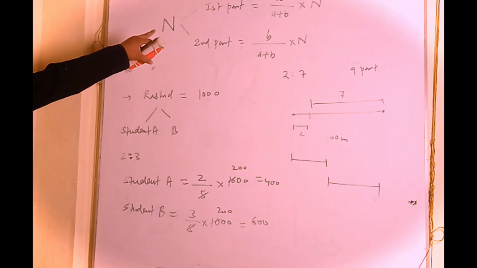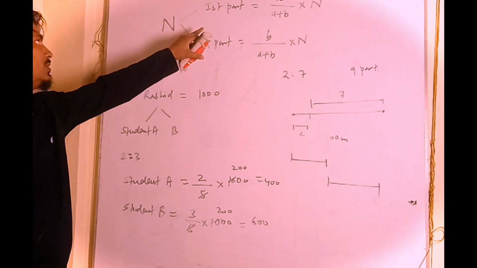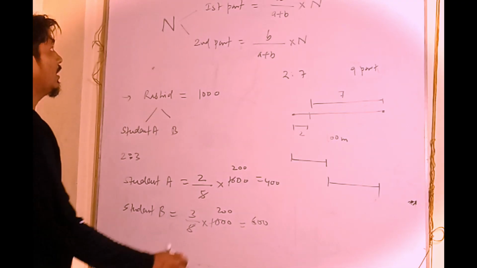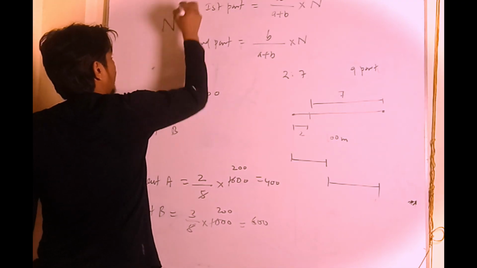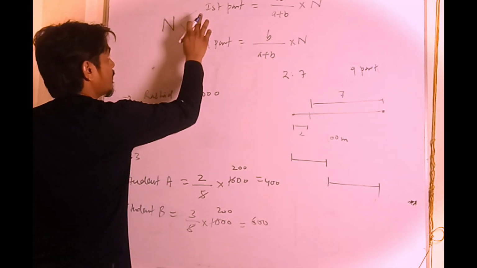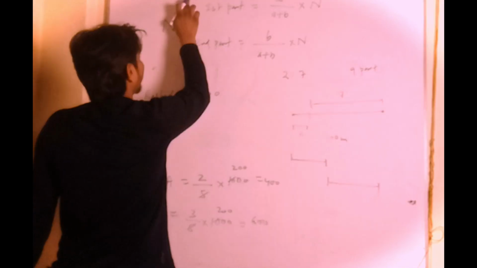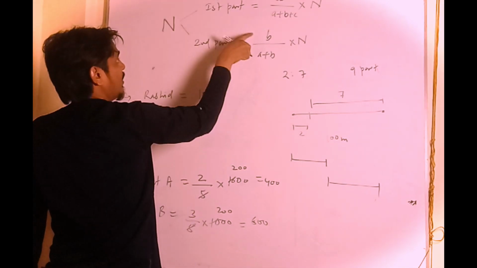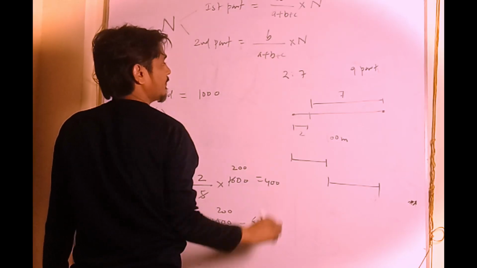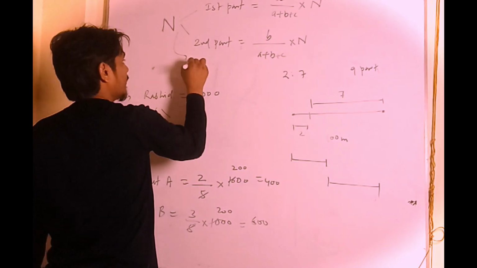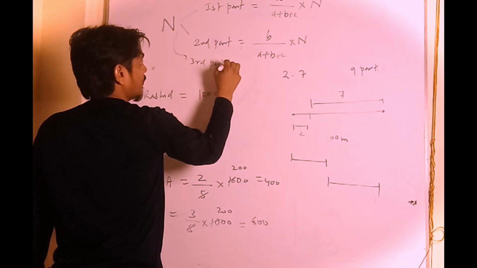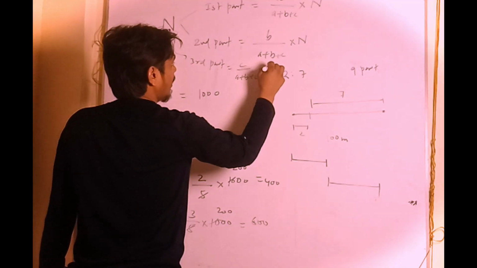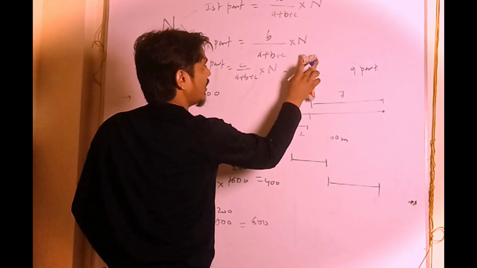As I have taken the case of 2 parts, if we are dividing any number into 3 parts, let's say A to B to C, then the first part will be A over the total A plus B plus C, the second part will be B over A plus B plus C, and the third part will be C over A plus B plus C, multiplied by the number we are going to divide.